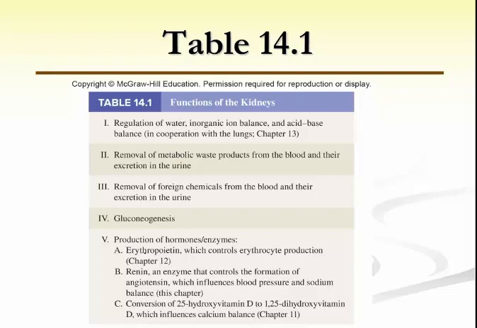Table 14.1 is going to list the various functions of the kidney, most of which we'll be covering in this lecture today, so it's a nice review table that lists the functions.